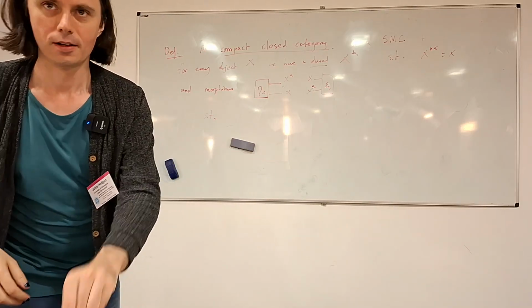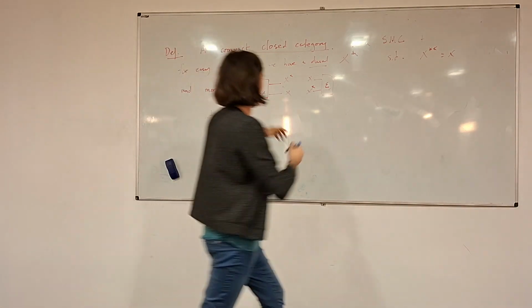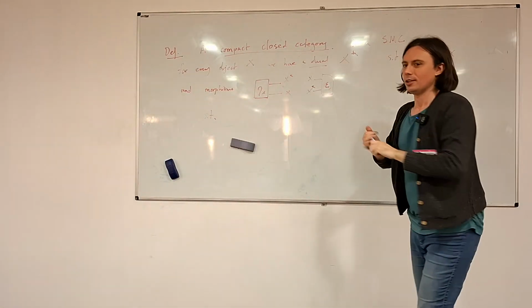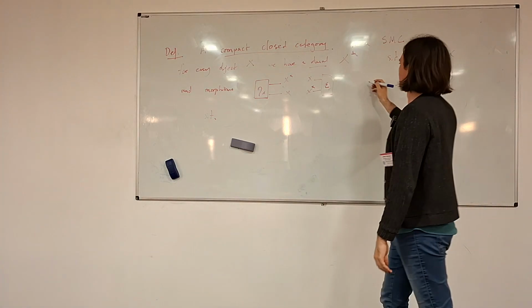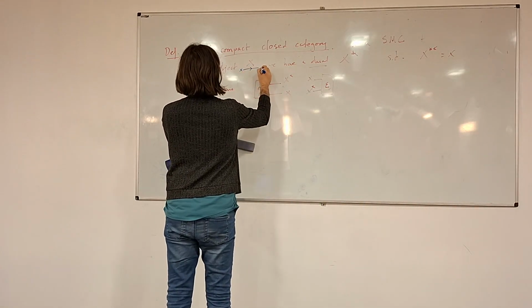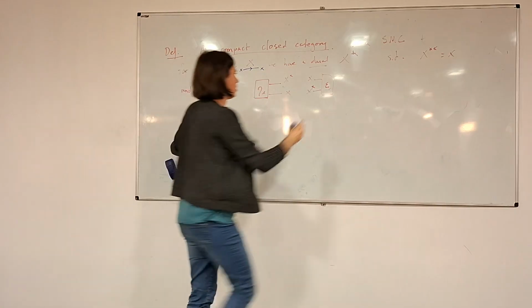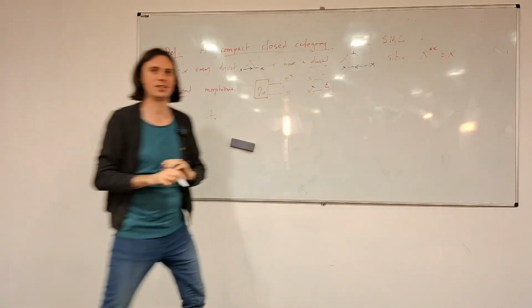So I'm going to introduce the definition and the notation simultaneously. This is more confusing than necessary, but kind of explains why the definition is the way it is. So if my object looks like that, the dual object looks like that, and vice versa.